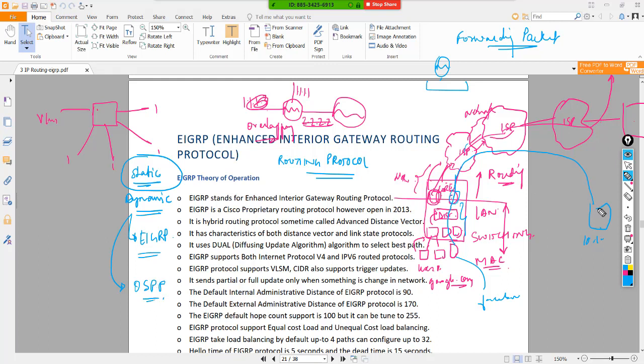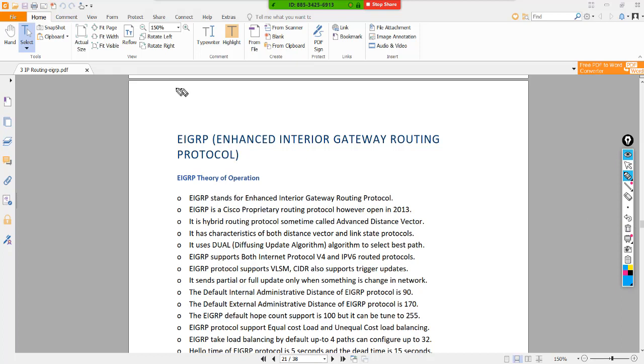So what is the advantage of having EIGRP instead of a static route? We have not discussed OSPF, so I'm not going to ask you anything about OSPF as of now. But what is a simple difference between static and EIGRP? In the case of static routing, you need to manually add the lines, or manually configure the routes.